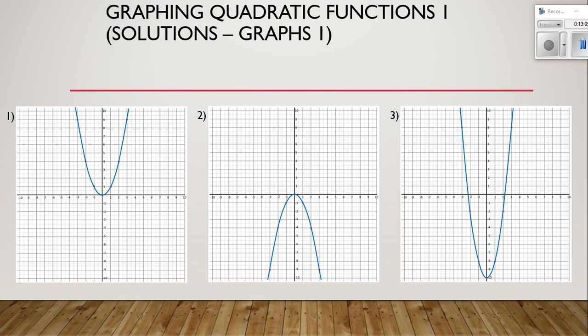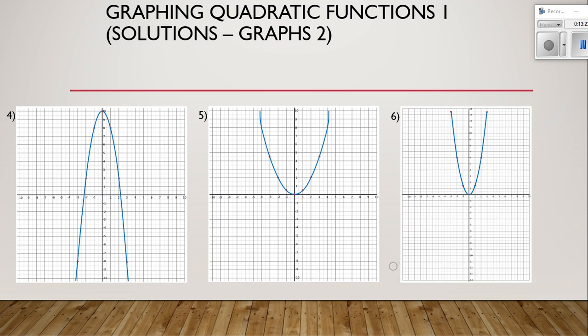Then we have a minimum for number 3 at y is negative 10, and we have our solutions at, well, you can only do your best to approximate, so I'm going to guess that's about halfway through a half block, so that's negative 2.25, and x is 2.25. Then here, we have a maximum of 10, and our solutions are, again, negative 2.25 and 2.25 for x.